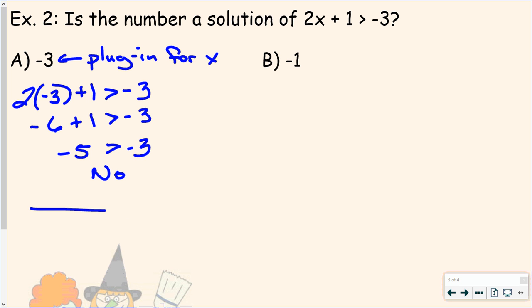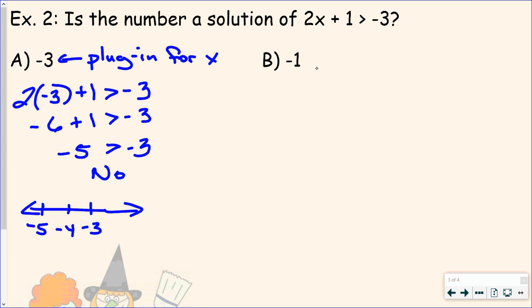If you think about a number line, if you had negative 3 on the number line, negative 5 would be over here. It would be to the left. And remember, values to the left are less in value. So as you move to the left on a number line, things become less in value. So negative 5 is actually less than negative 3. So the answer is no, negative 3 is not a solution of this.